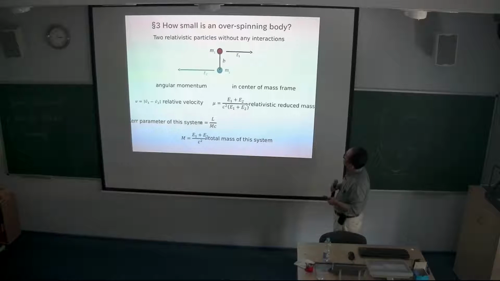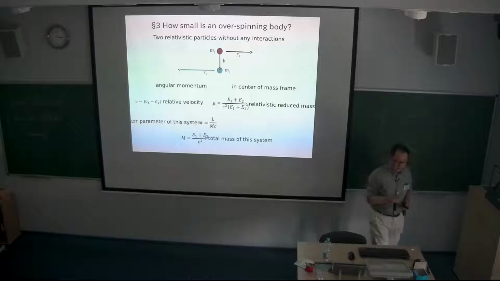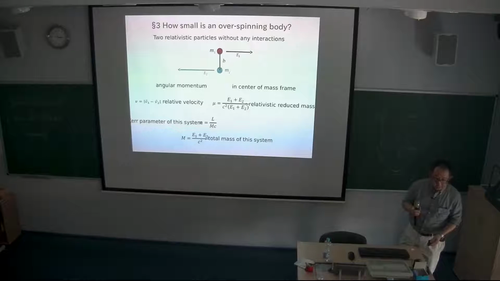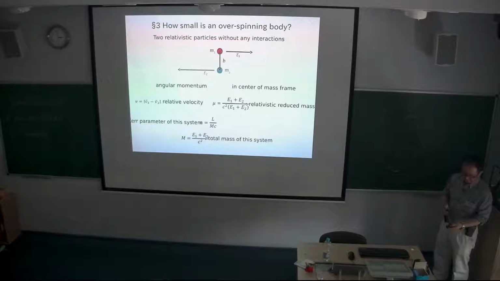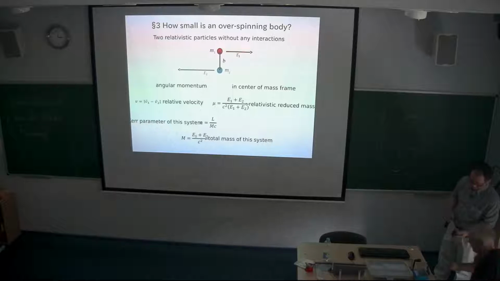In order to get the intuition, let's consider two relativistic particles without any gravitational interaction. One has mass M1 and energy E1. The other particle has mass M2 and energy E2.